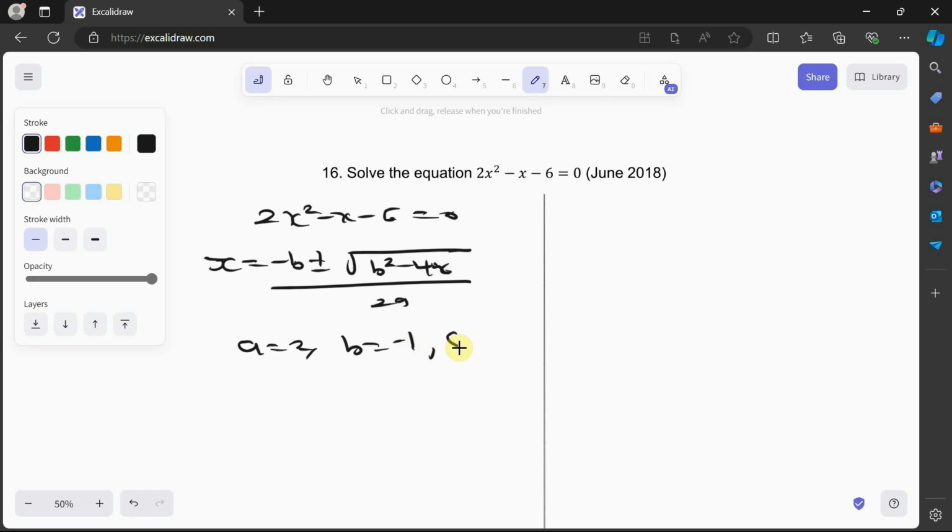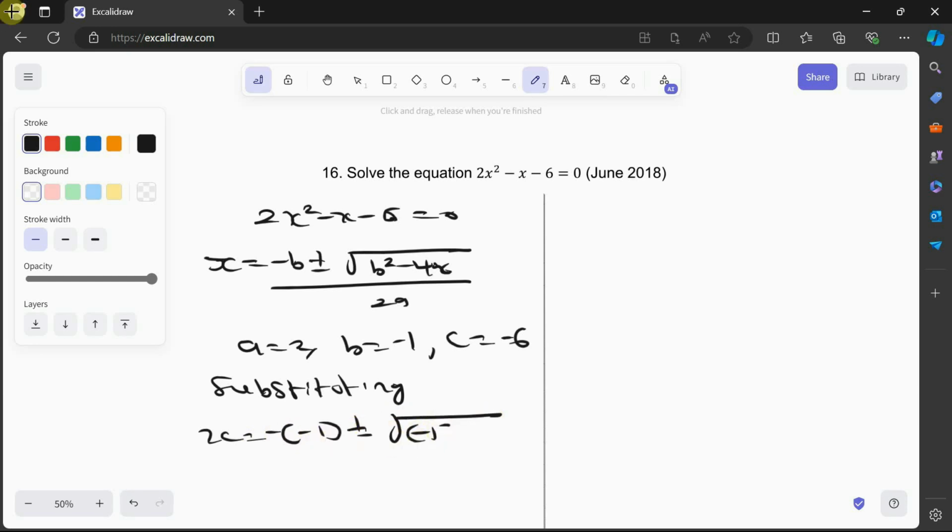Minus 1. Then our c is what? Minus 6. So if I substitute, our x will be equal to minus open brackets minus 1, plus or minus square root of (minus 1) all squared minus 4 times 2 times minus 6, all over 2 times 2.